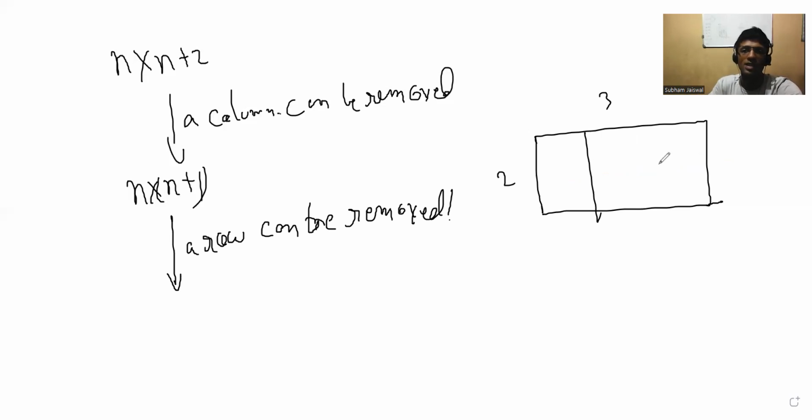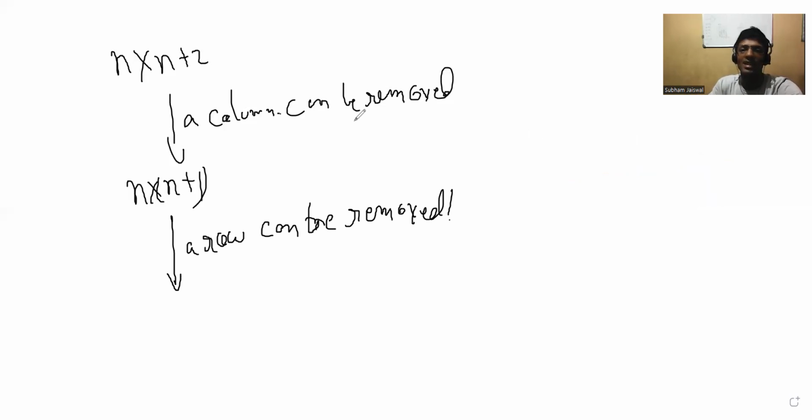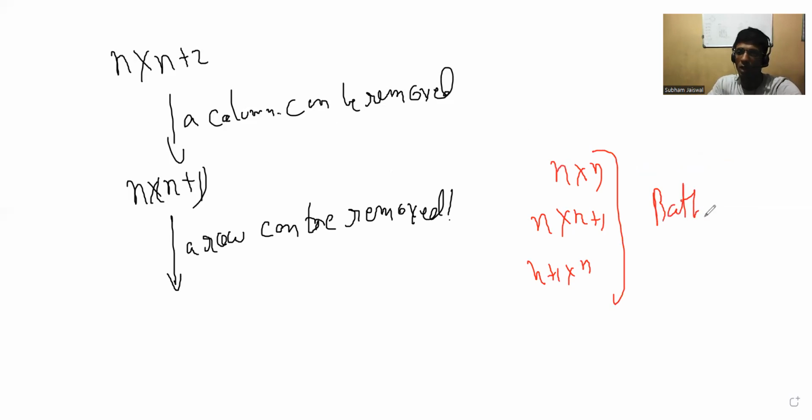Okay, so this is the thing. For n cross n, for n cross n plus 1, and obviously for n plus 1 cross n, both a row and a column can be removed, which is what our initial reducible was, right? Both row and column can be removed.